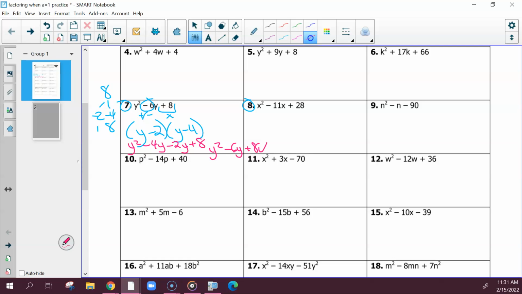Do you have any questions on this one before we do another? For number 8, what are 2 numbers that multiply to be 28, but add or subtract to be negative 11?